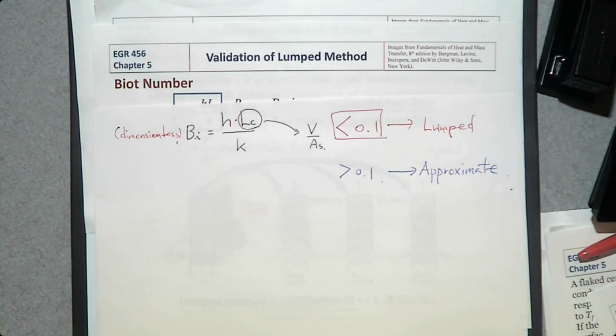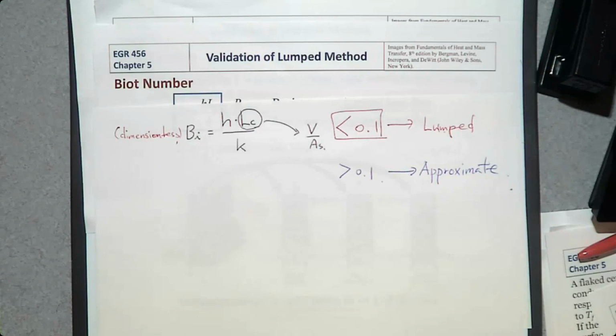That means whenever you see a transient heat conduction problem, the first thing you need to do is show the Biot number and confirm whether it is a lumped system or not.